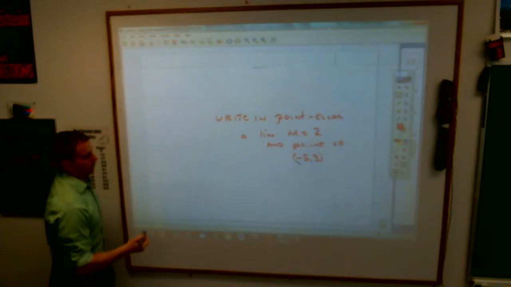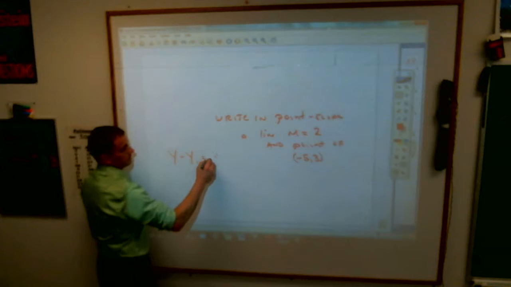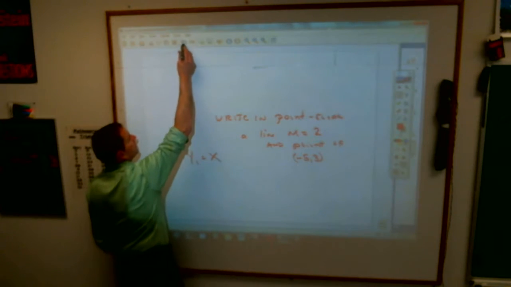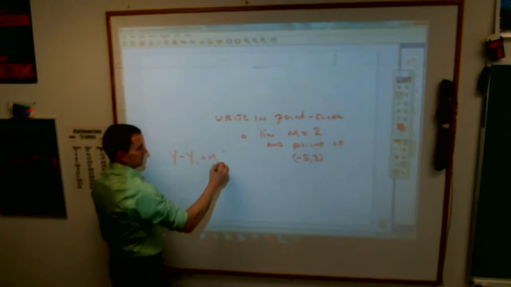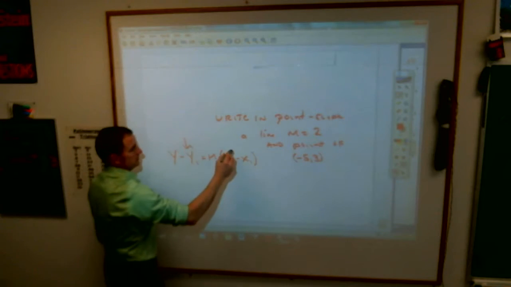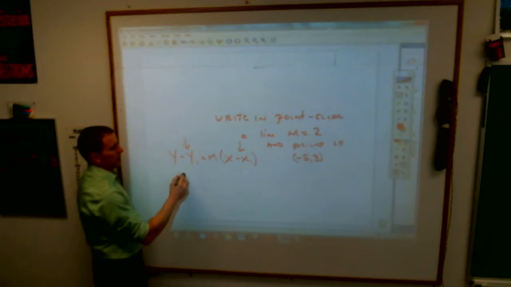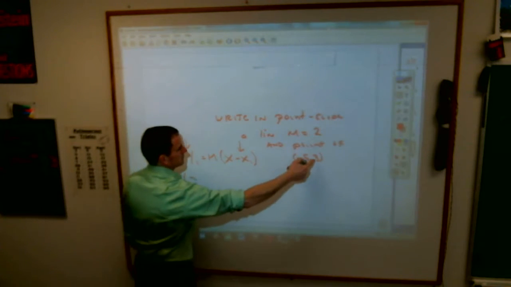So if you're writing the point slope thing, I would always start with this. This is your generic form. And you're always putting in the sub 1s here. I get y minus, what's my y sub 1 going to be? 3, right?